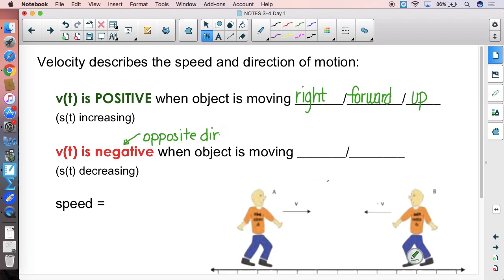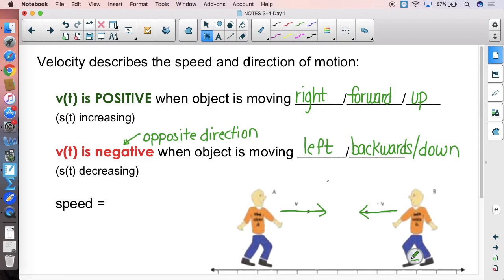So really when we think of it, it just needs to be the opposite direction of whatever the positive velocity was. And if you look at the two guys on my diagram, you don't have this on yours, this gentleman's moving in a positive direction to the right, so his velocity would be positive. This gentleman is moving to the left, so his velocity would be considered negative, so that we would know that he's moving in the opposite direction of the other gentleman. So it means if I'm moving left to your right, backwards to the forwards, or down, whatever is opposite the direction you considered positive.